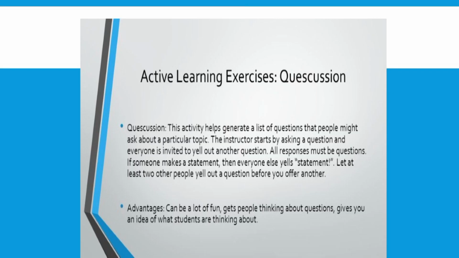Everyone individually writes down their top 3 questions, comments, or answers to something asked by the instructor. Students then pair up and choose the top 3 from their combined responses. The pairs then join with another pair to form a group of 4, and the group chooses the top 3 responses.